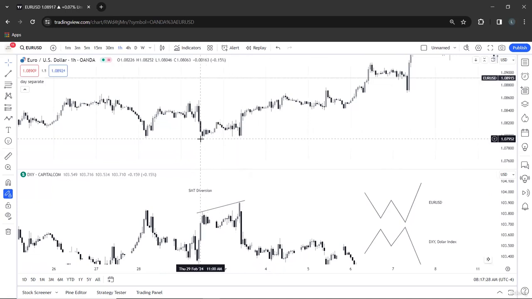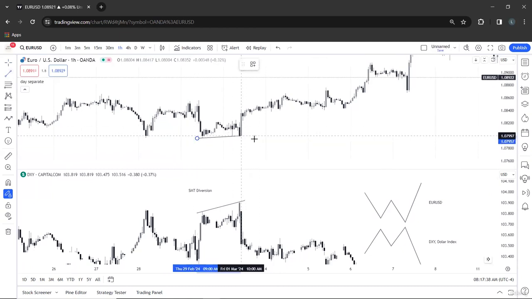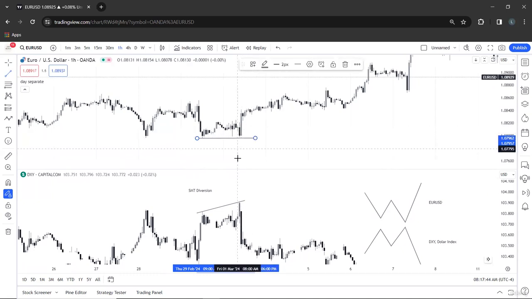But right here, this is a secret in trading, in this concept. A very, very powerful confluence that indicates that euro is going up, because it doesn't inversely correlate to the dollar index at this particular time, 9 a.m. in the morning. It doesn't inversely correlate to what the dollar index is doing.